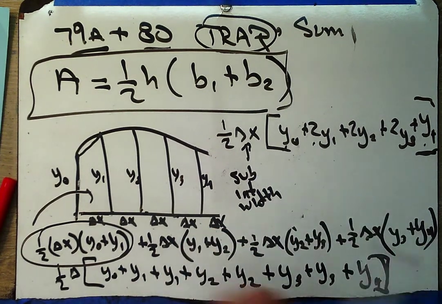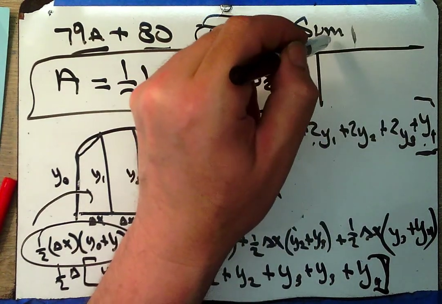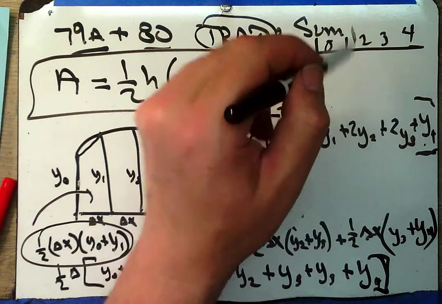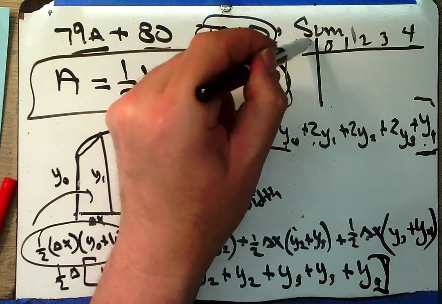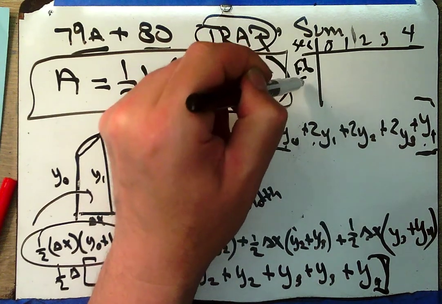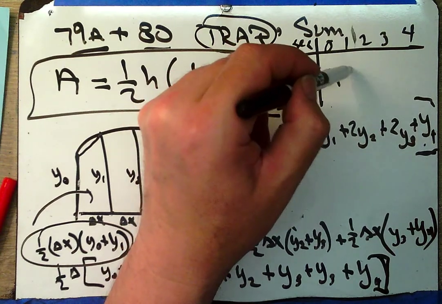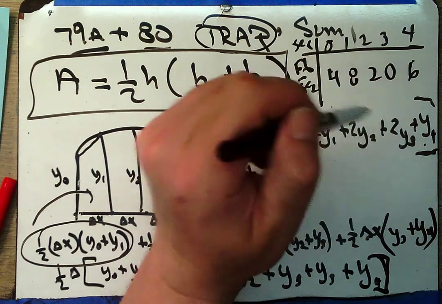So if I have a table, 0, 1, 2, 3, 4, and I'm looking at some values here. I don't know, so these are seconds, and these are feet per second, and I've got 4, 8, 2, 0, 6.